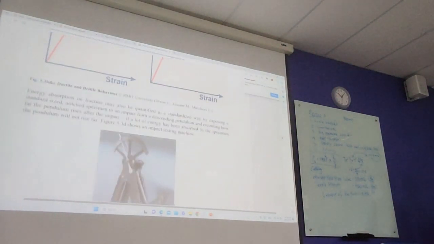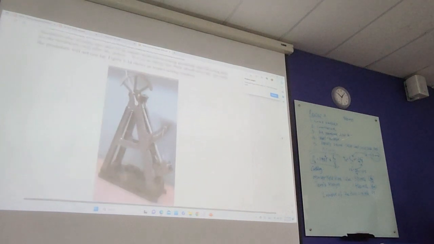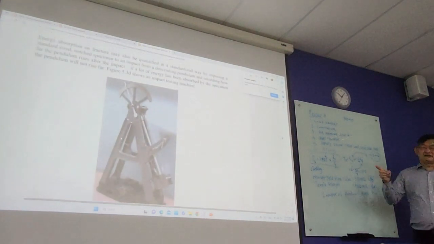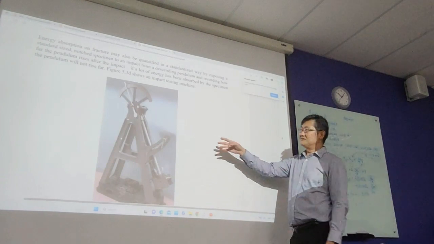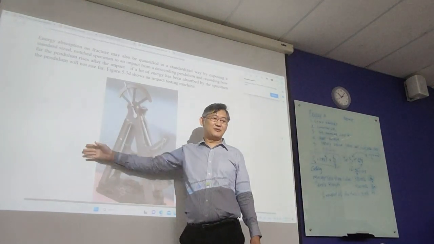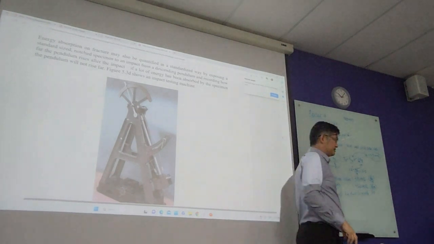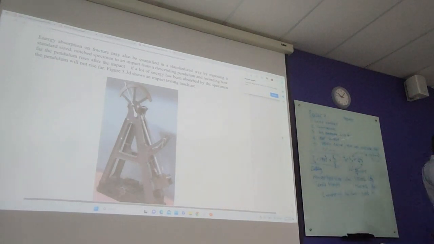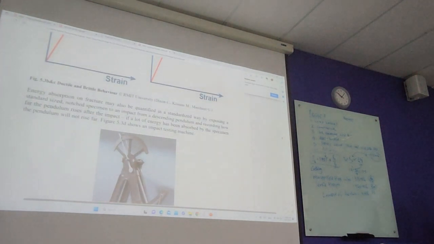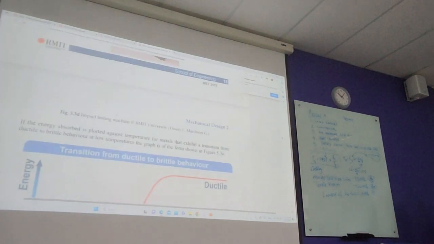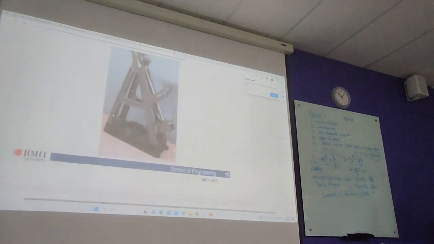Also over here, just to highlight to you, this is a favorite exam question. How do you test ductile or brittle? Alright, you need to know this. Using this, they call this Charpy, something like that.